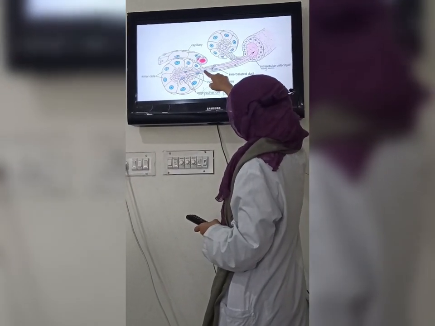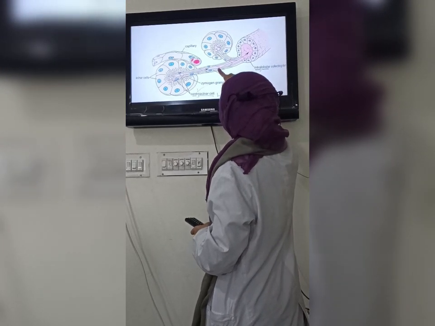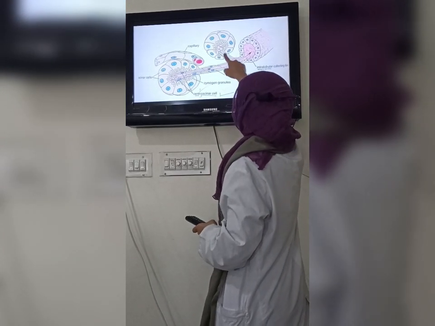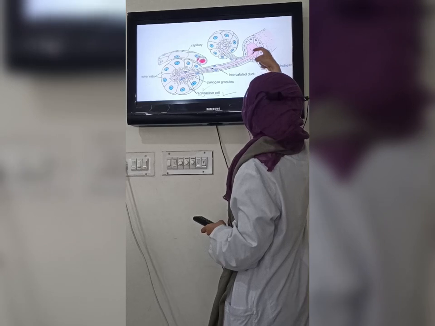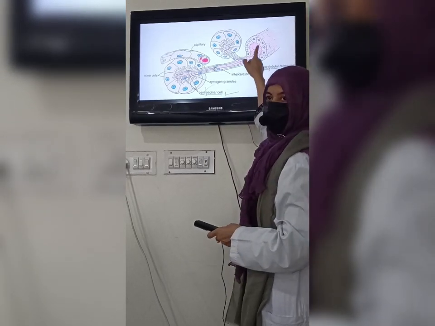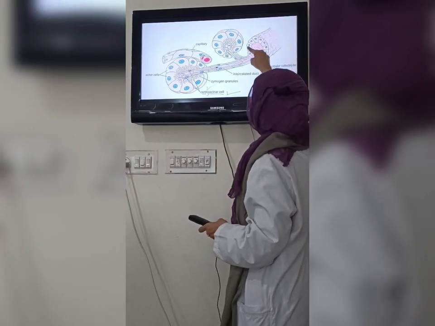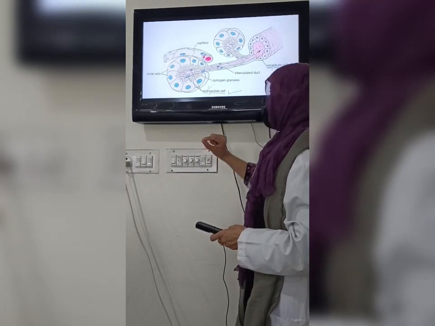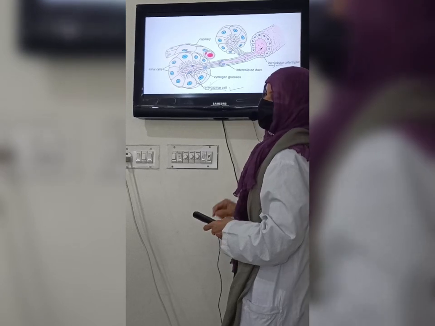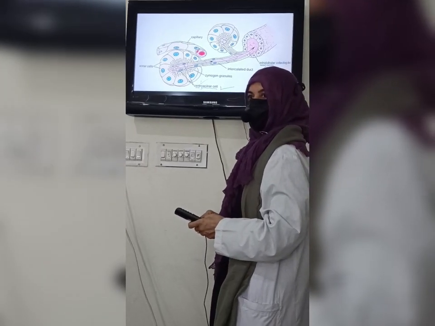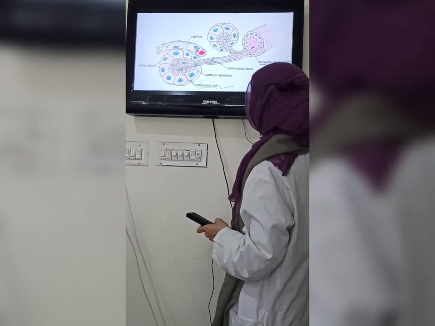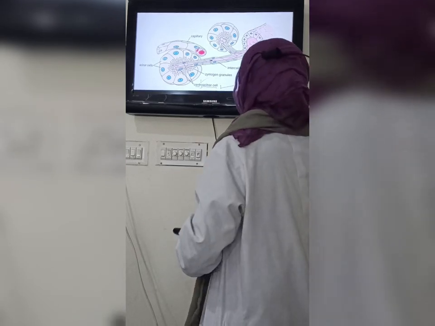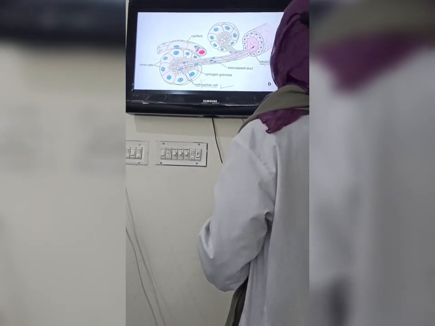Having low cuboidal epithelial cells, and from here and from here, they are joining to form the intralobular, right? And you can see a well-developed epithelium here, जो कि squamous या low cuboidal से normal cuboidal epithelium की तरफ change हो रही है. Is it clear?